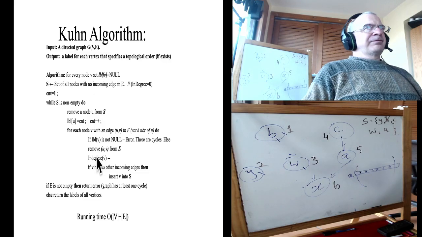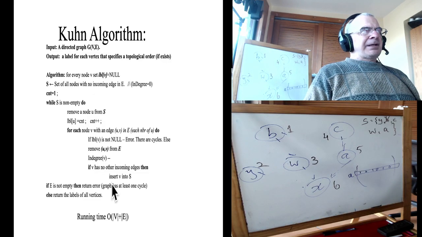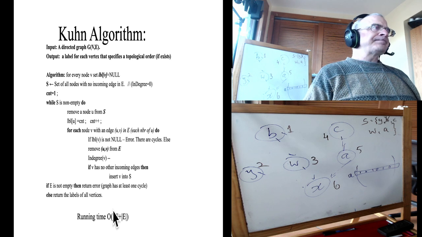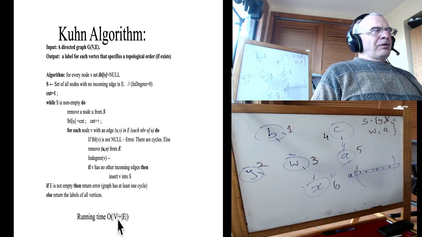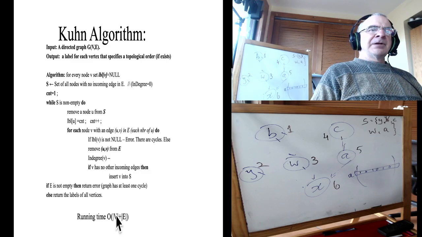If I want to find the neighbors efficiently, it must be adjacency list. Okay, so if I would shoot for adjacency list, this will be my running time.